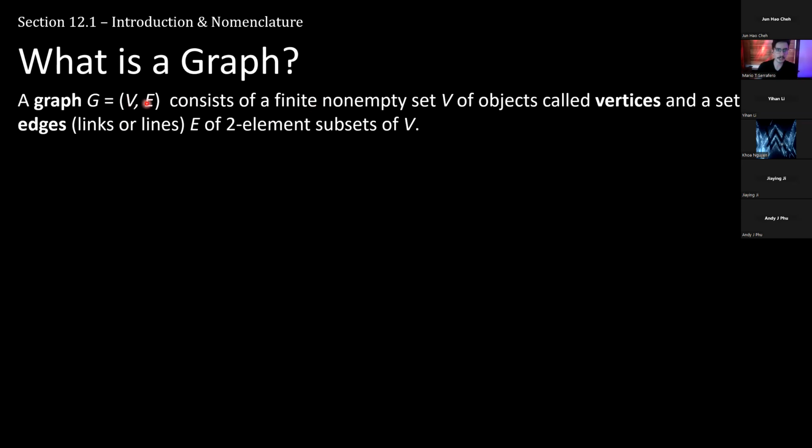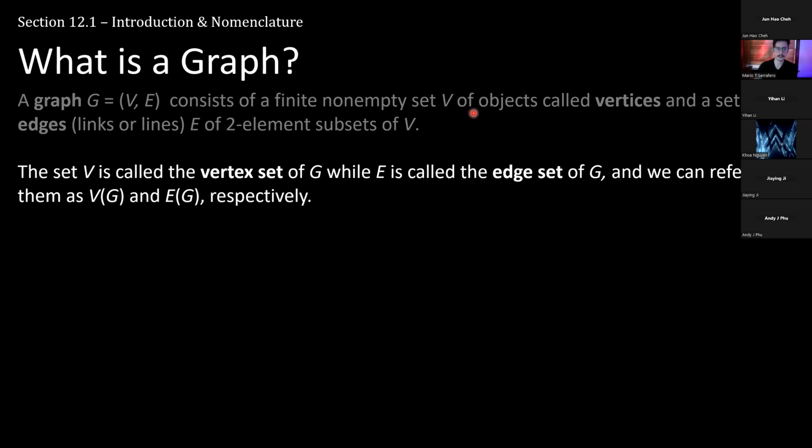A graph G consists of a finite non-empty set V of objects called vertices and a set of edges, links or lines, E of 2-element subsets of V. So V is going to be a set of things, and E is going to be a set of 2-element subsets of V, of tuples. The set V is called the vertex set of G, while E is called the edge set of G. And we can refer to them as V of G or E of G, respectively.